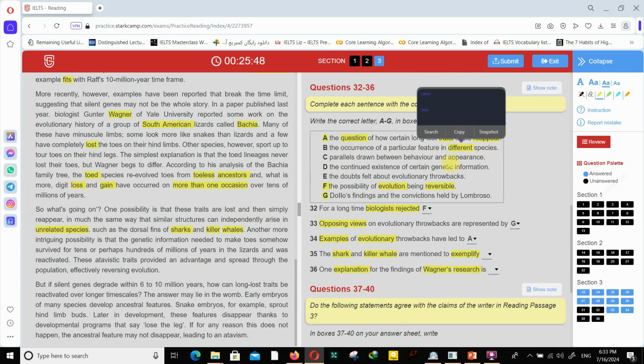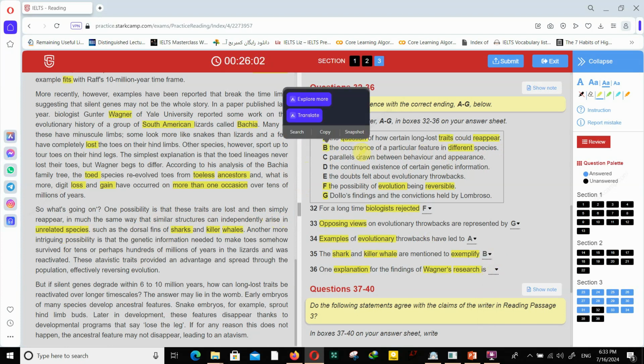Different species means unrelated species. Similar structure, occurrence of a particular feature, similar structures can independently arise in. Yes, of course. Option B is the right answer for this one. Again, paraphrasing the statement in here. You see, maybe the most difficult task is to find where the answer is for this reading passage.